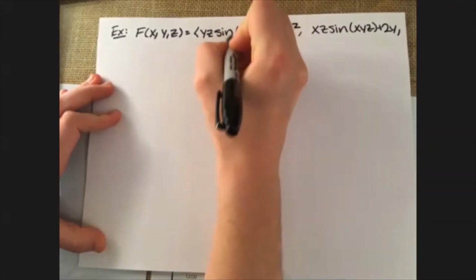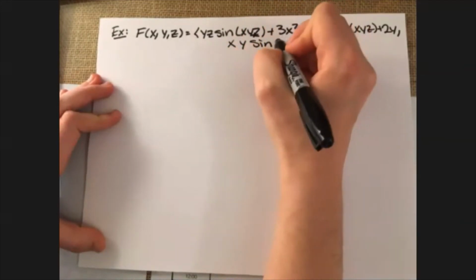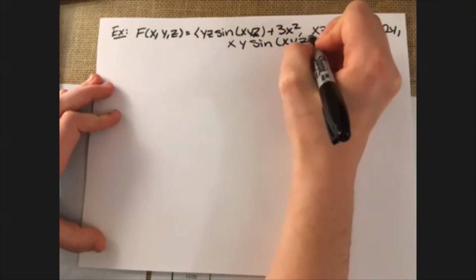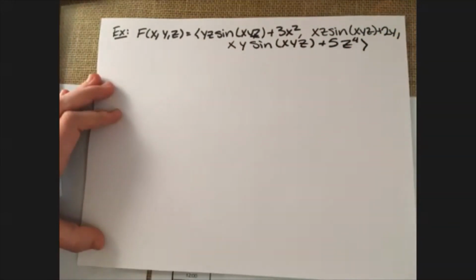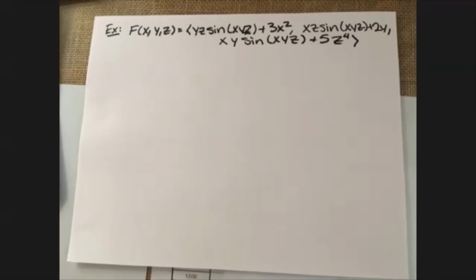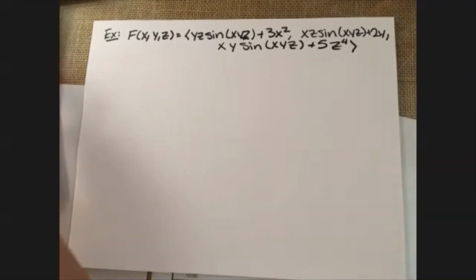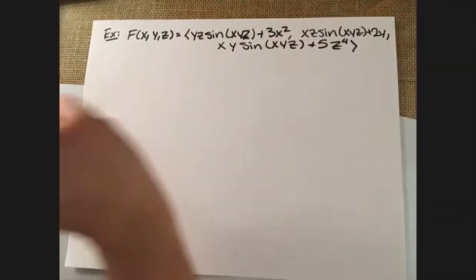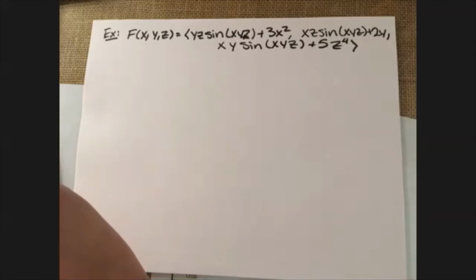And then for my last component, I have xy sine of xyz plus 5z to the 4th. Okay. So we're going to check to see if this is conservative and then try to recover its potential function.